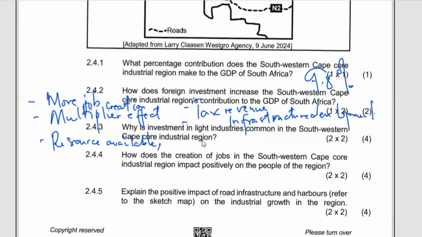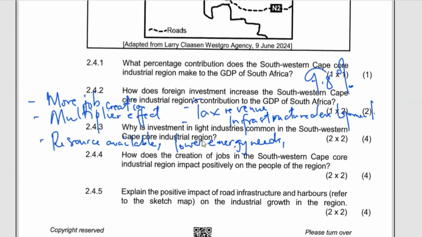Right. And also we can talk of lower energy needs. Because of the energy crisis, we know well that the country is having some challenges with energy. So with light industrial activities, there are lower energy needs and hence it makes it viable to engage in light industrial activities.